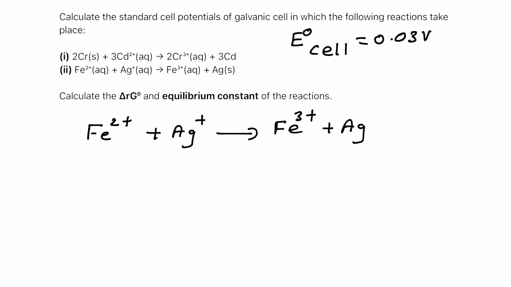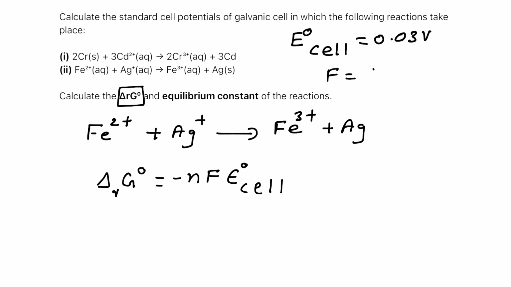Now what we have to find? Gibbs free energy change, right? What is the equation? Delta G standard is equal to minus NF E0 cell. You already know E0 cell value. You know F value, right? What is that? 96500 coulomb.